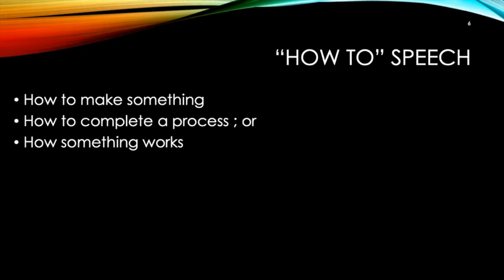In terms of how to make something, for example, how to make your favorite sandwich, how to do household decorations, or how to make certain technological gear. For how to complete a process, you could talk about how to play a game or sport, or how to maintain, repair or fix something. And the last one, how something works.